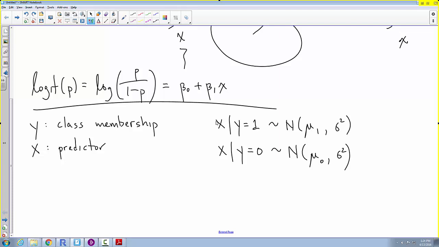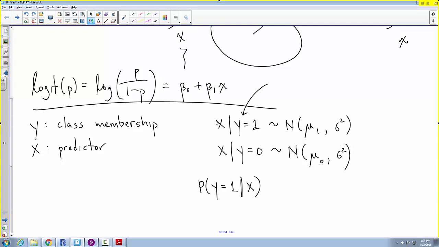Then what I would like to be able to say is, what's the probability that you have prostate cancer given your PSA level? What I observe, I'm going to observe data on the X's.